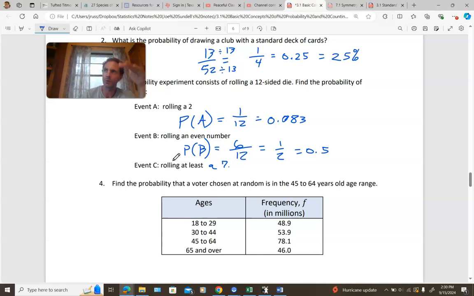That means a 7 or bigger. So how many sides are going to be a 7 or bigger? Well, 7, 8, 9, 10, 11, 12. So it's 6 again. So the probability of C occurring is 6 out of 12, which is the same as 50%.